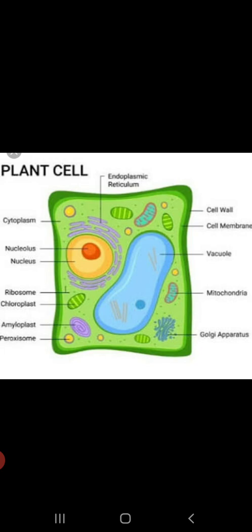Yes, when we were studying the different structures, we did discuss whether those structures are present in plant cells and animal cells, right? So, can you just count on your fingertips the major differences that we have studied between the plant cell and animal cell?